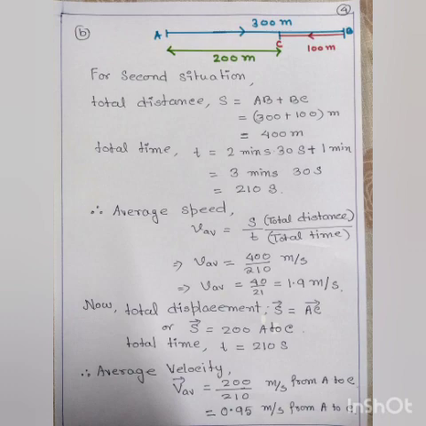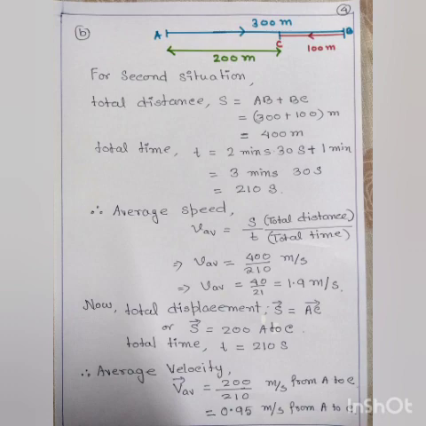And the displacement vector will be from A to C, initial to final position. And total time is the same, that is 210 second. Now average velocity we know, total displacement by total time, that is 200 by 210 meter per second from A to C, which is equal to 0.95 meter per second from A to C.